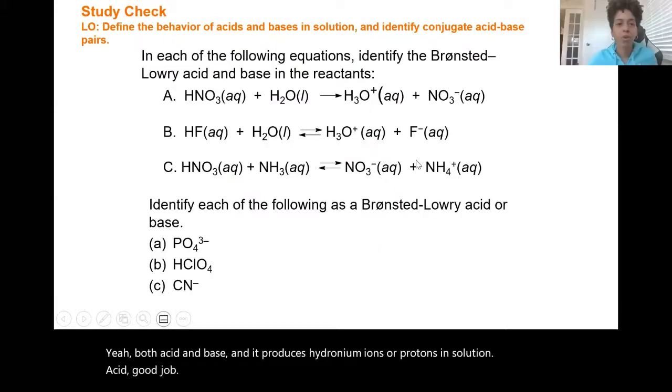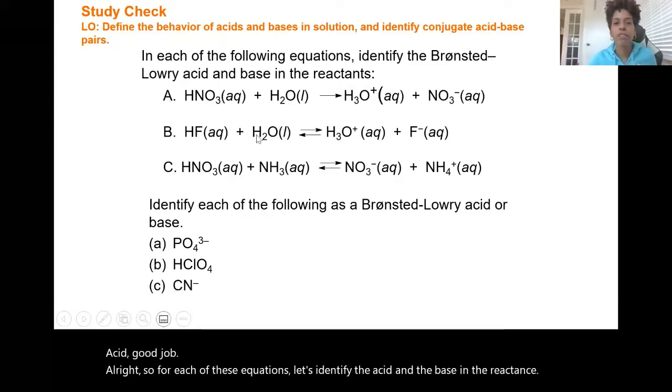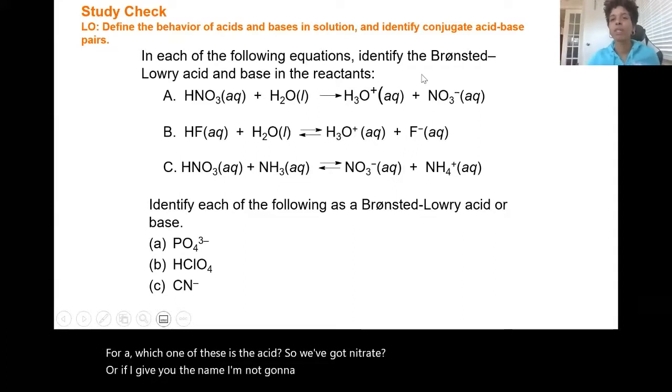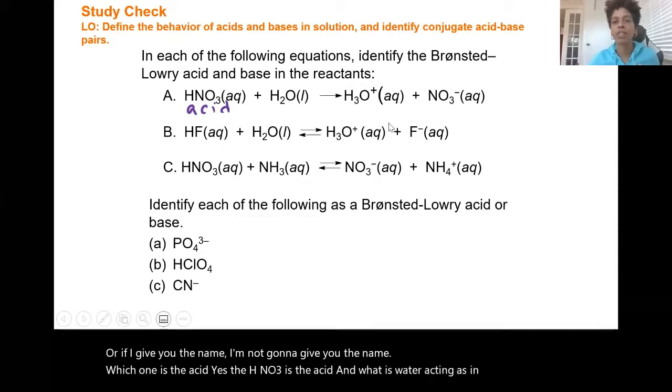All right, so for each of these equations, let's identify the acid and the base in the reactants. For A, which one of these is the acid? Yes, the HNO3 is the acid. And what is water acting as in this situation?